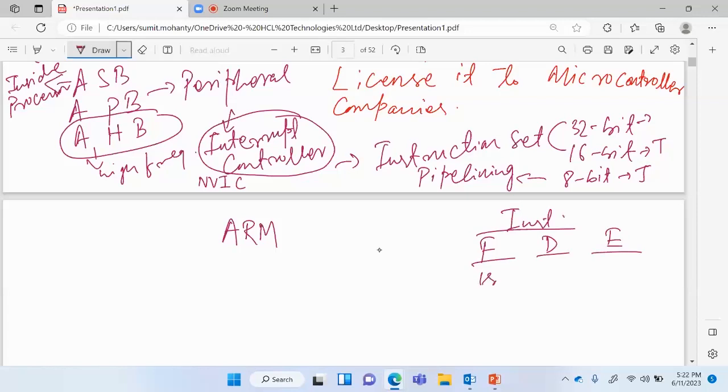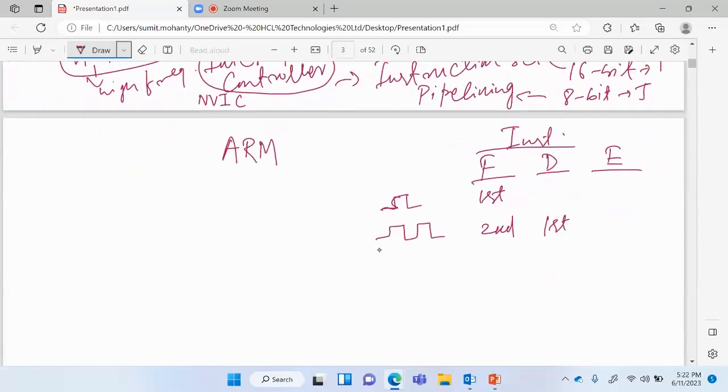When the first instruction is fetched in the first cycle, then in the second clock cycle, the second instruction goes into fetch and the first instruction goes into decode. In the third cycle, the third instruction comes in, the second instruction is decoded, and the first instruction is executed. This is how we call it pipelining.